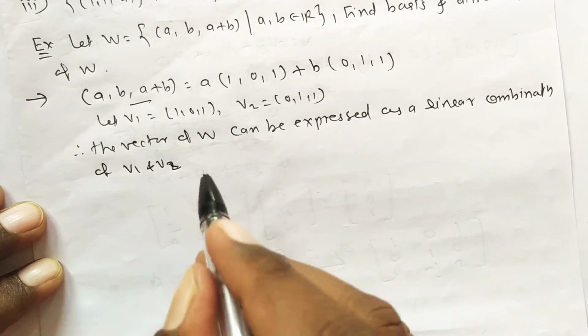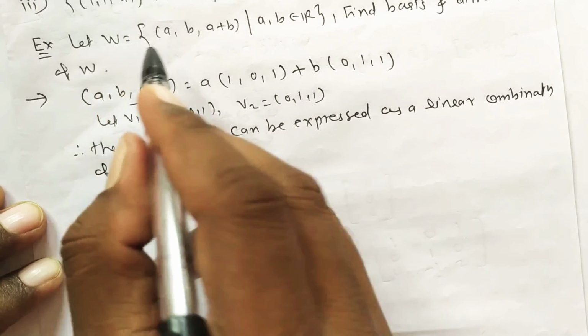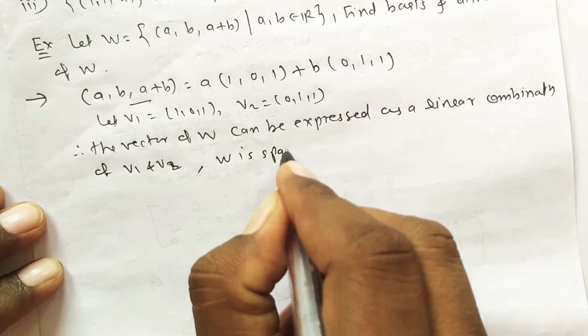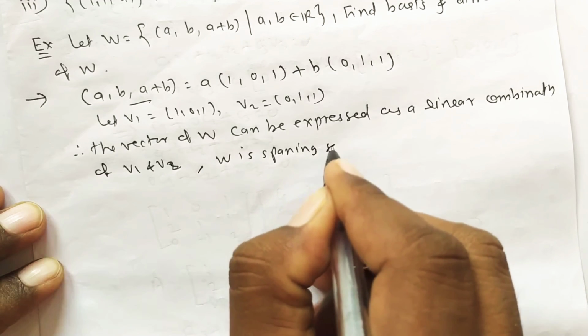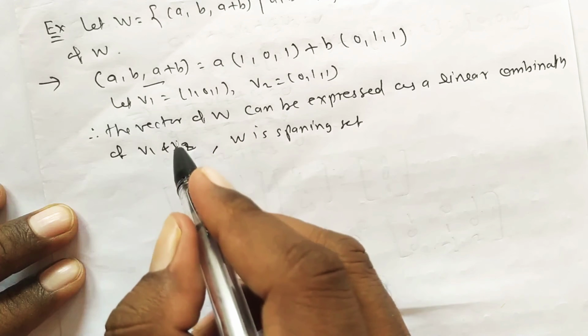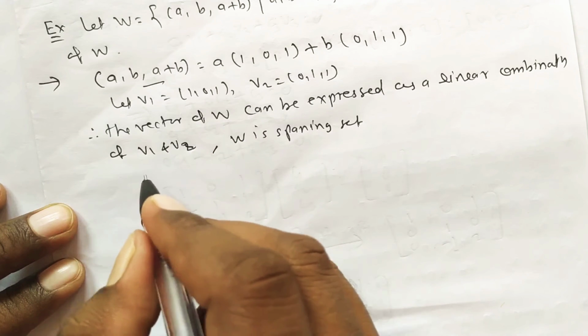Okay, so the vectors of W form a spanning set, and therefore v1 and v2 span W. Okay, now we have to check whether v1 and v2 are linearly independent or not.